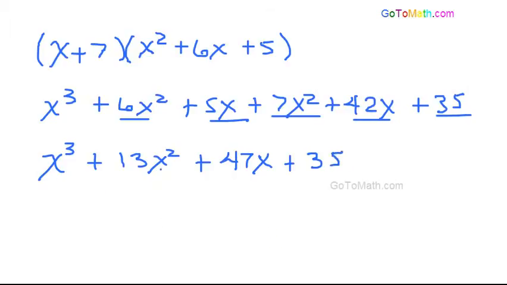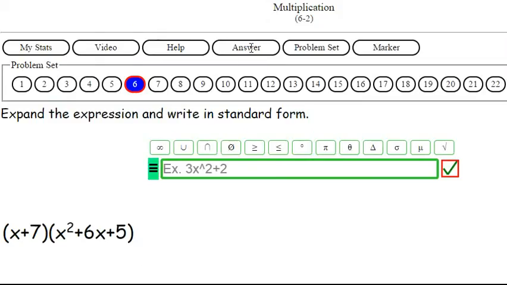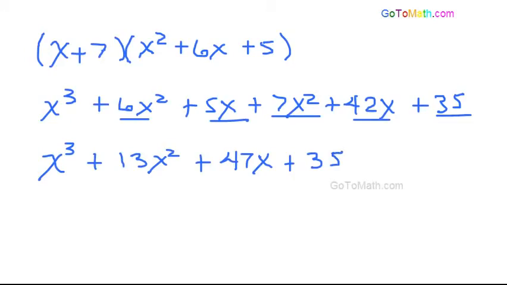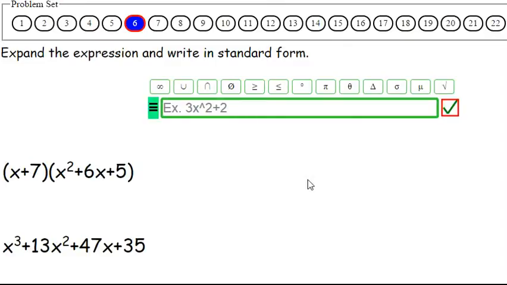So we have x cubed plus 13x squared plus 47x plus 35. Let's hit the answer there. Man, I swear this is just like the last problem we did, and it seems like it is. It comes out to be the same one. I don't know. Alright, maybe not. Trust that that's correct. Okay, so there it is.